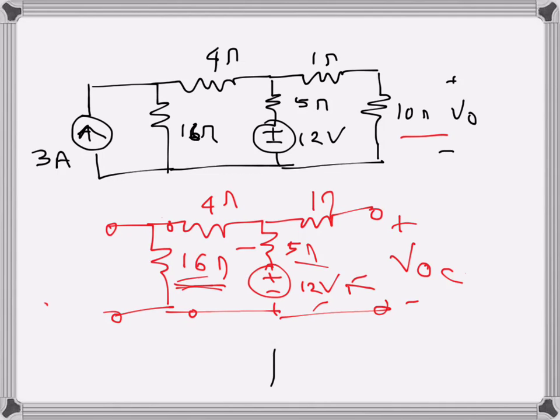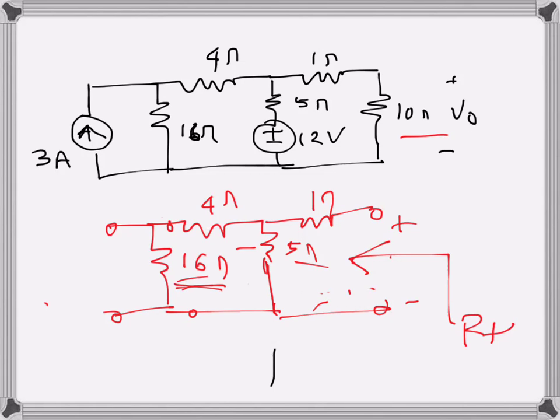In order to make it inactive, I need to short the two terminals. So I remove it, and then I short circuit these two terminals there. Now I am looking at the resistance. I will erase this part because I just want to find the resistance looking from here.